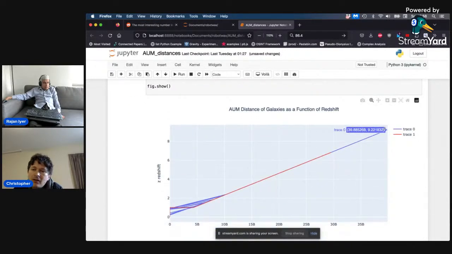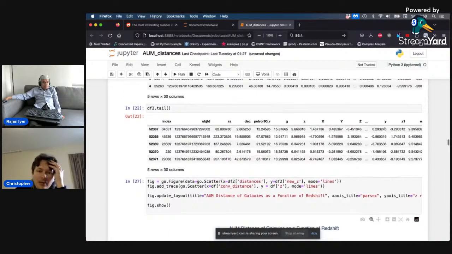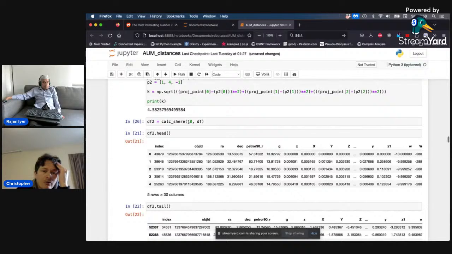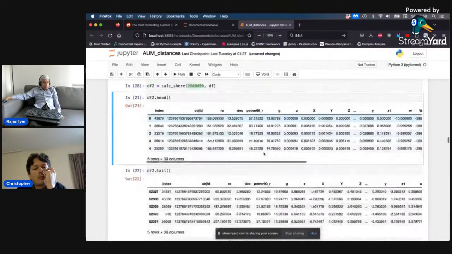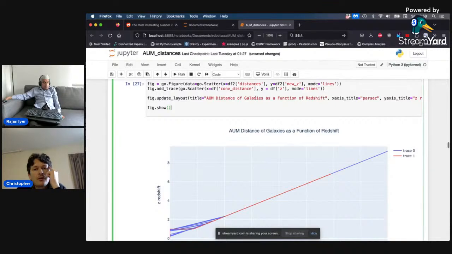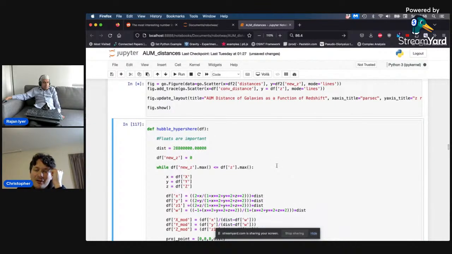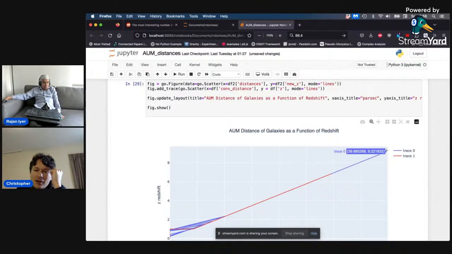I think it's 39.8 billion on the x-axis and 9.22. That should remain the same. So I'm guessing no matter what value we put in here, we get the same results as well, if you can remember those numbers.